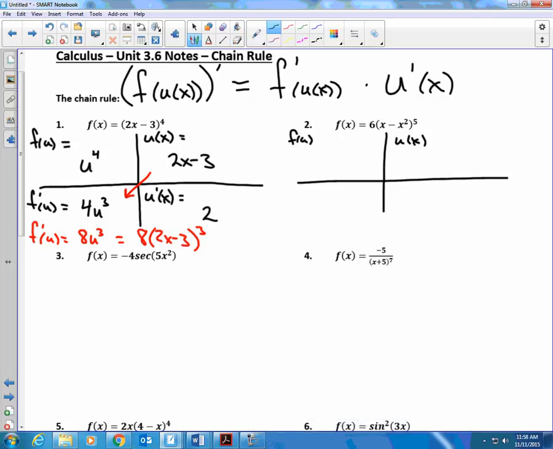What's f of u? 6u to the 5th. What's u of x? What's the derivative of 6u to the 5th? What's the derivative of x minus x squared?